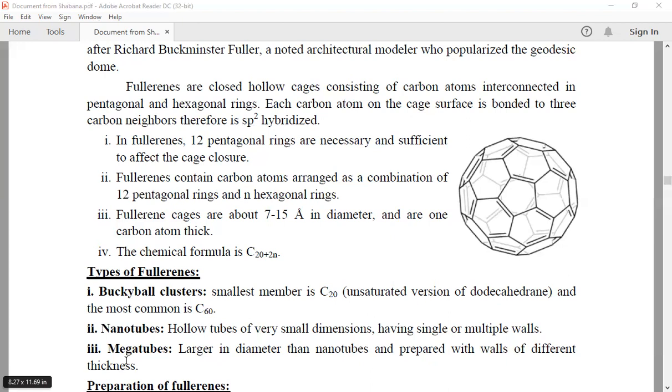Polymer means it has a chain; 2-dimensional or 3-dimensional polymers are formed under high pressure, high temperature conditions. And nano onions are spherical particles based on multiple layers surrounding a buckyball core, proposed for lubricants.